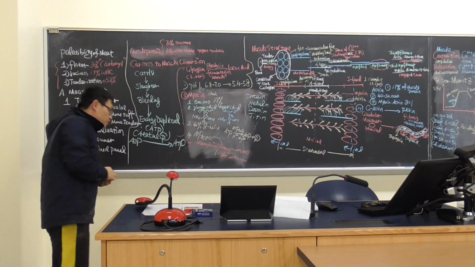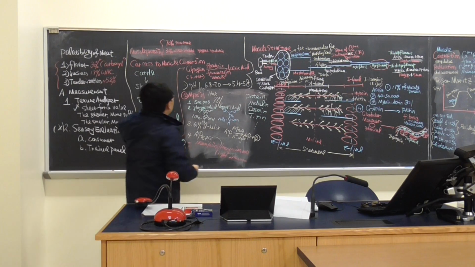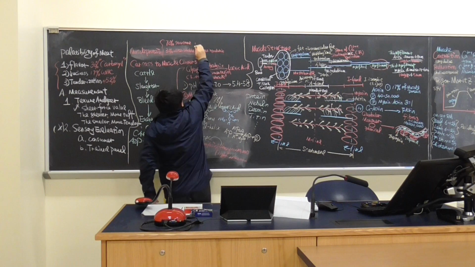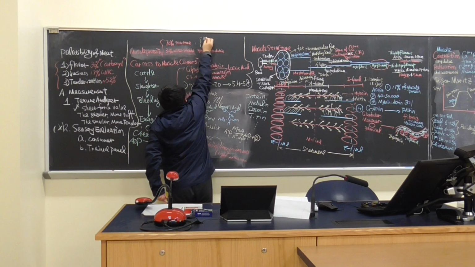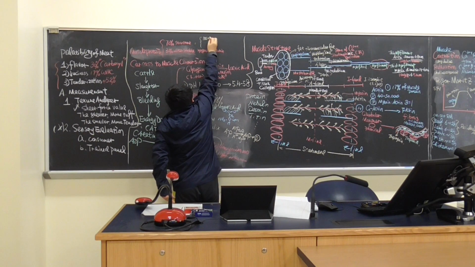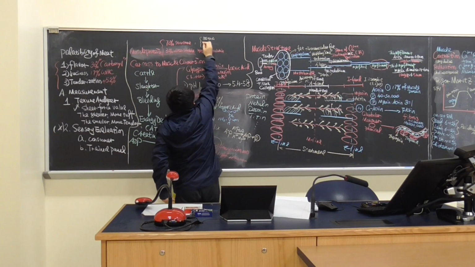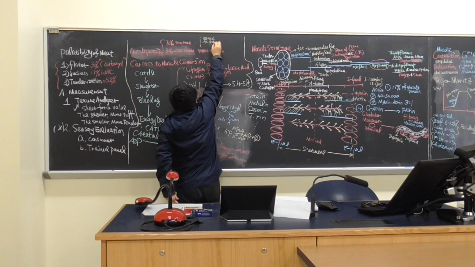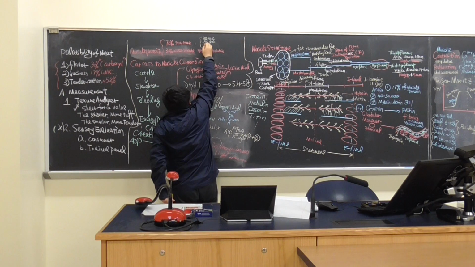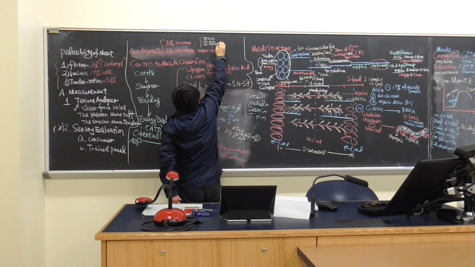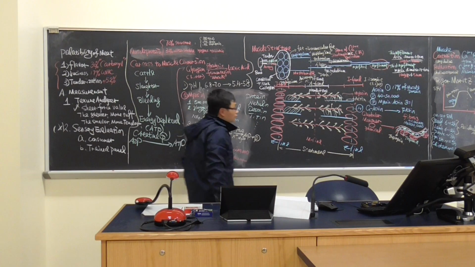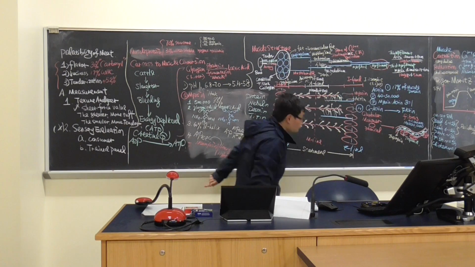Now, what are the 70% structural proteins of a muscle? This we already talked about. 38% is myosin. 17% is actin. Around 13% is tropomyosin. Remember there, tropomyosin.